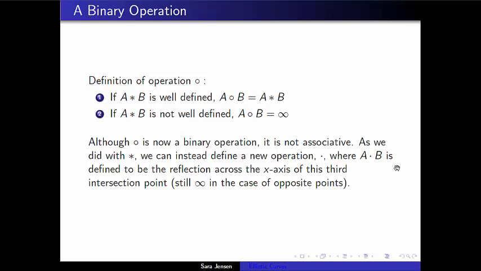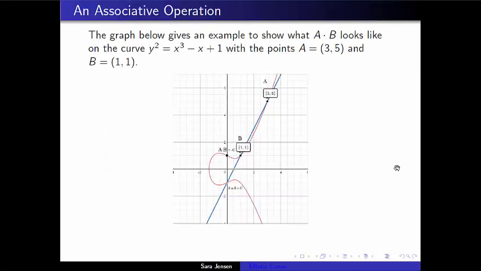Let's return one more time to the picture. Here I've put the picture straight into our slides, so we can give an example of how we actually define these things. Going back to A being the point 3, 5 and B being the point 1, 1, we've already seen that if we draw a line through A and B, we do in fact get this third intersection point with the elliptic curve. If we were dealing with the star operation, A star B would be this point that we've called C right down here.